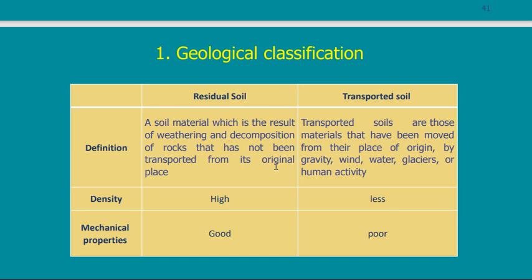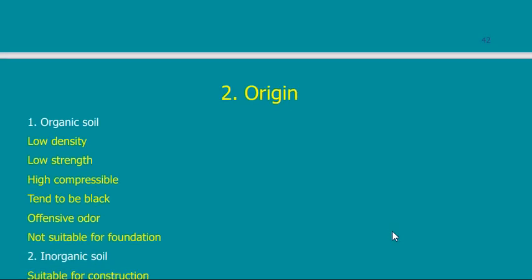It disintegrated, but it moved later from one place to the other. As for density, the density of the transported is expected to be less than the density of the residual. The mechanical properties of the residual, of course, are better than the mechanical properties of the transported. So this is the first classification.